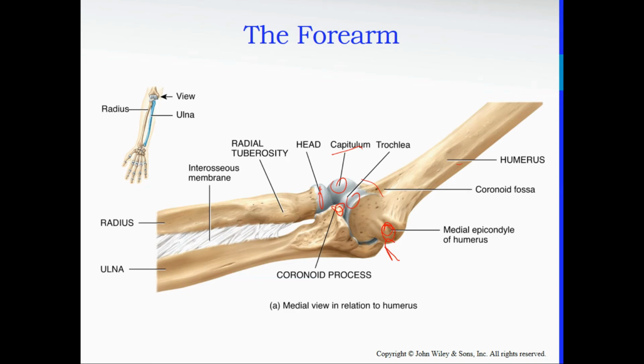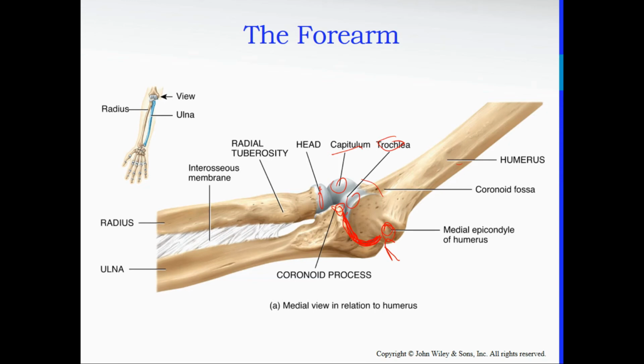And that word is pronounced olecranon. And then right here, this smooth, rounded semicircle, the condyle, the smooth articular surface of the ulna, is referred to as the semilunar, or sometimes called the trochlear notch, because it articulates with the trochlea.